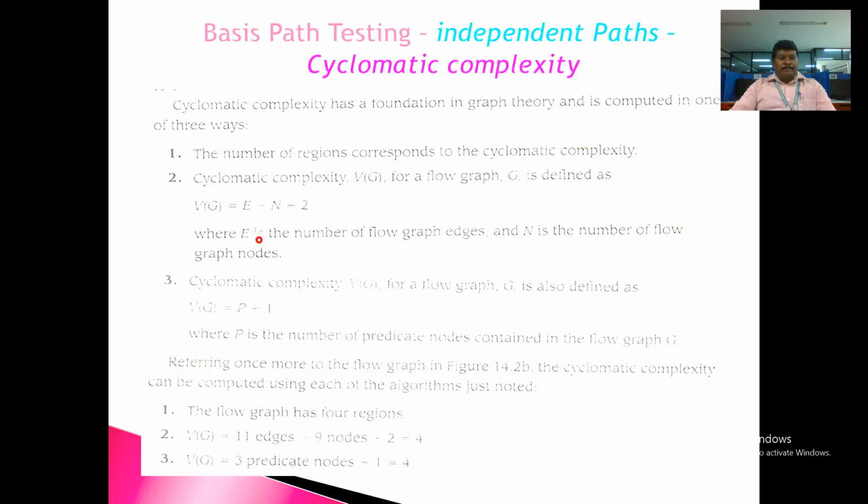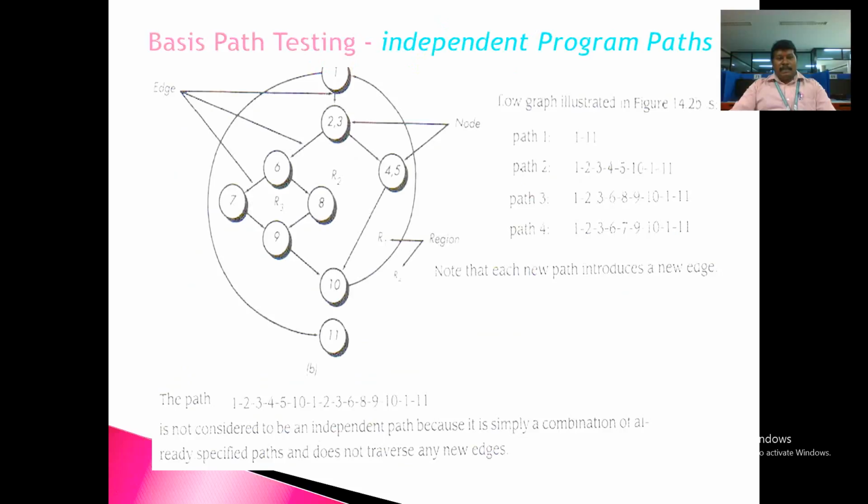So based on these three formulas, we can calculate the cyclomatic complexity value for this diagram. Based on the first formula, the number of regions, we have four regions, region 1, 2, 3, 4.